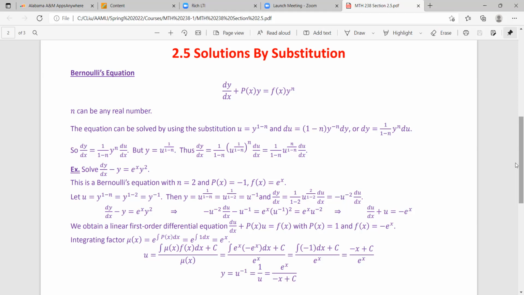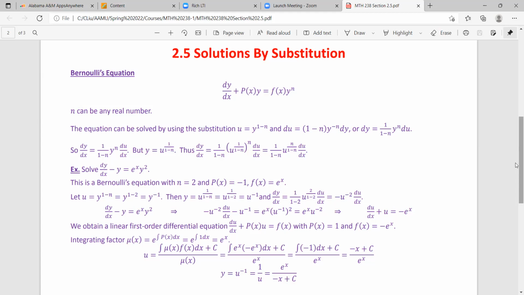All right. So it turns out that if you let u equal y to the 1 minus n, then you can convert this equation to a new equation and solve it. So we just introduce a new function u equals y to the 1 minus n, as I said, and then you just follow the procedure for substitution.